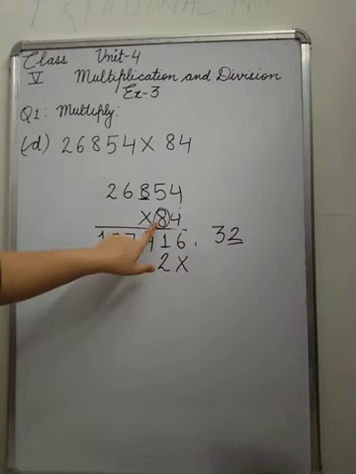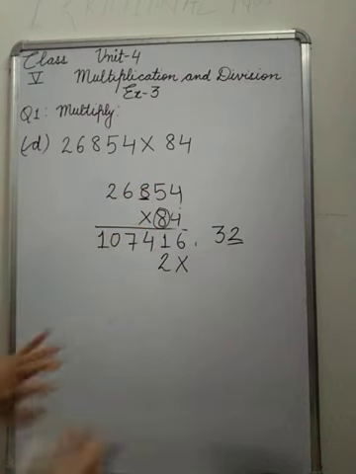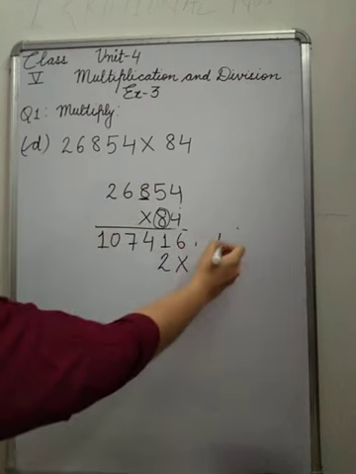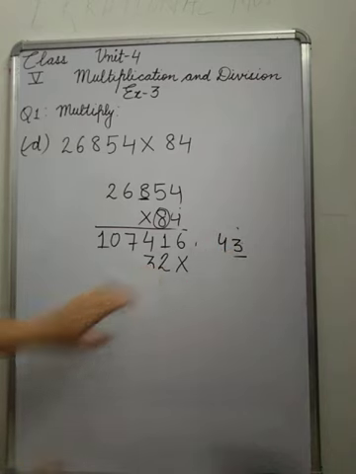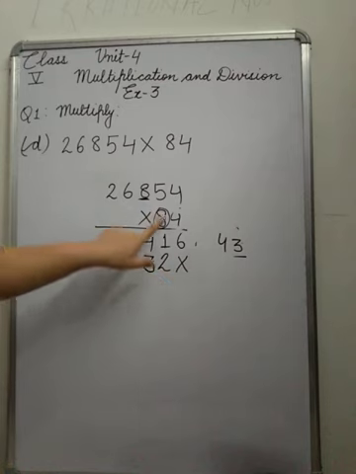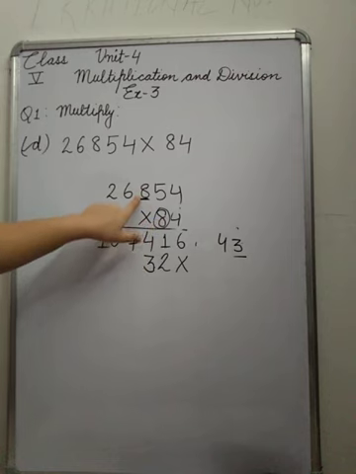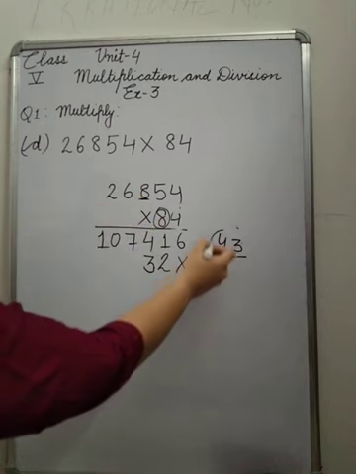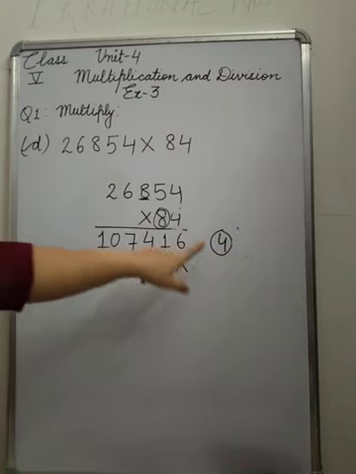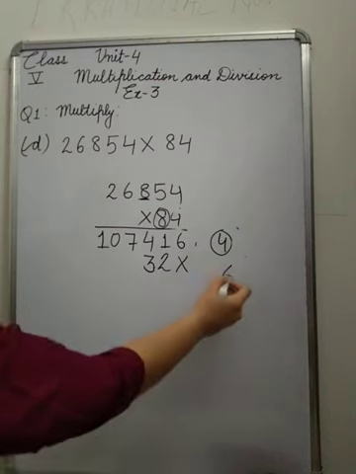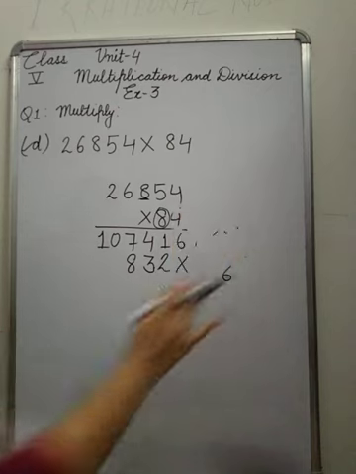Now 8 5s are 40, 40 plus 3, that will be 43. That 3 will come here, 4 is pending. Now 8 8s are 64 plus this 4, that will be 68. Now that 8 comes here and 6 is pending.